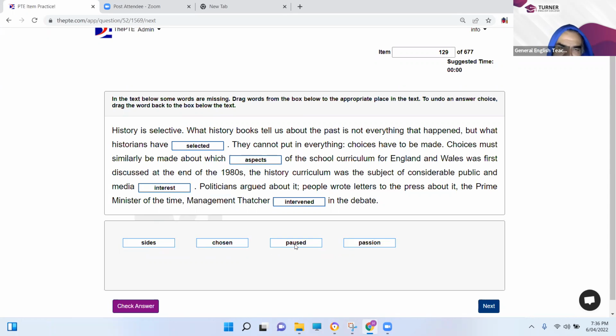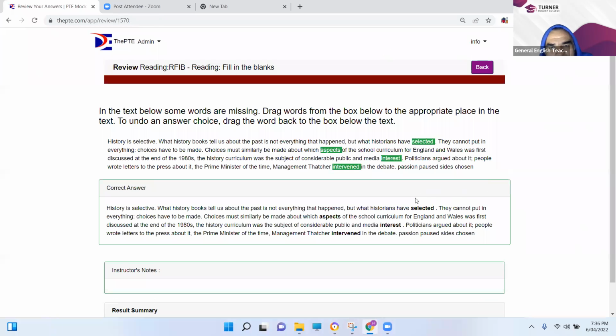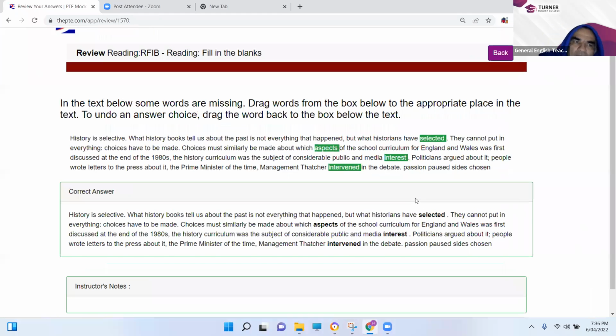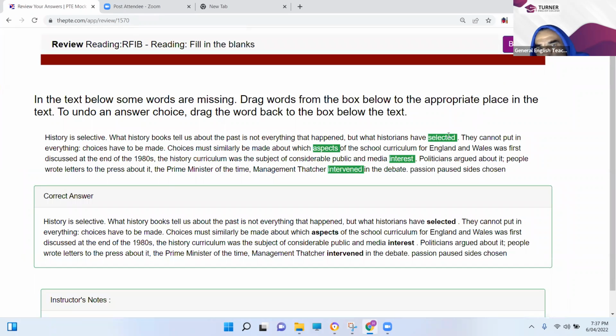But anyway, let's check. Yep, very good. Now, why not chosen here? Because this test is about formal language, about formality.